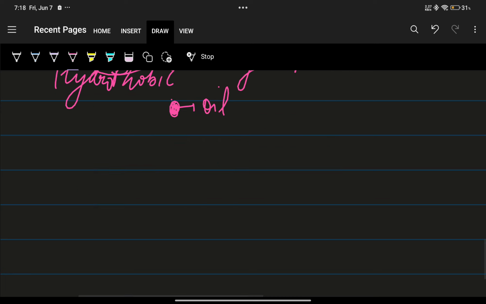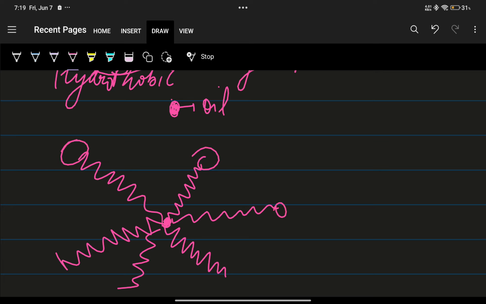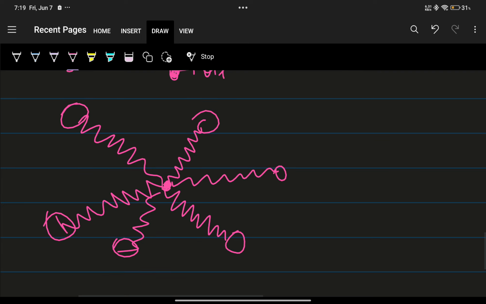The oil is surrounded by the hydrophobic part, because oil is also non-polar and hydrophobic in nature, so it gets attached to the hydrophobic part of the soap. Many hydrophobic parts of the soap get attached to this oil and form a spherical structure, and the hydrophilic part, the water-loving part, stays in the water only.